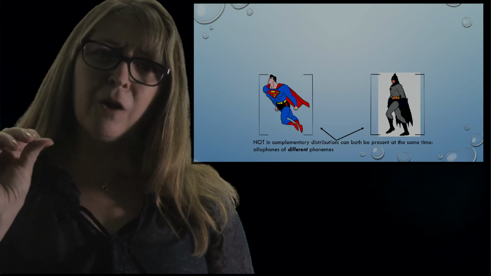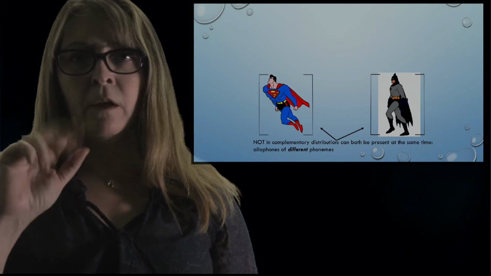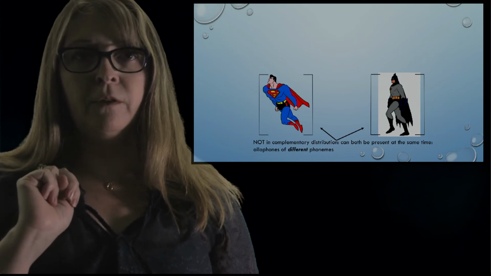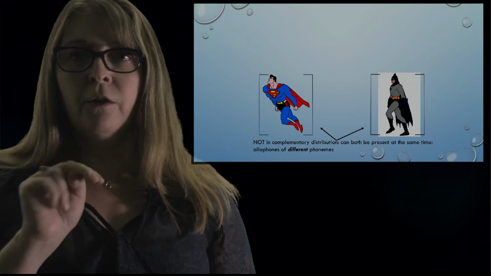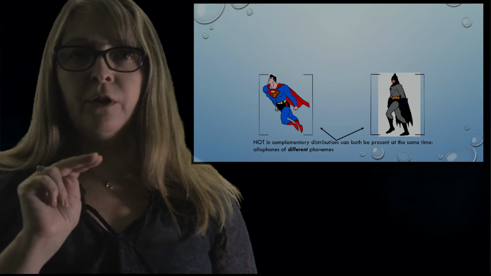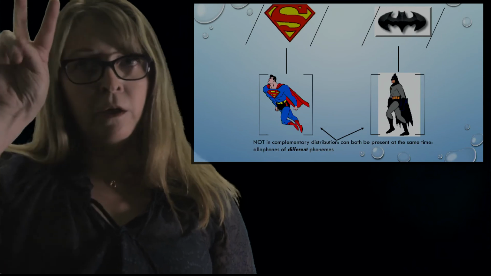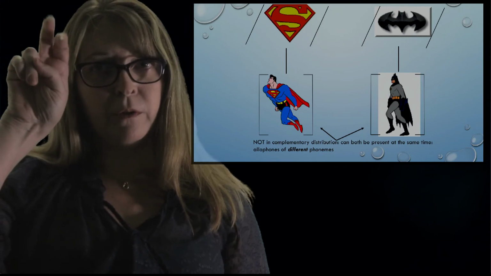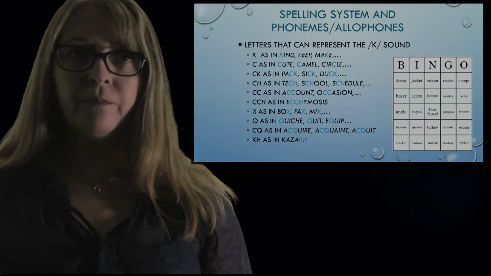Why do they say Batgirl instead of Batwoman? These are not in complementary distribution. They can both be there at the same time. They're allophones of different phonemes, okay? The phonemes Superman, woman, personhood, and Batman, woman, personhood, right?